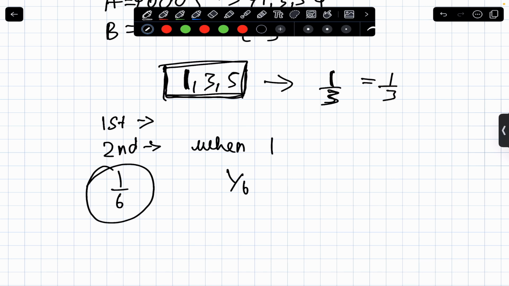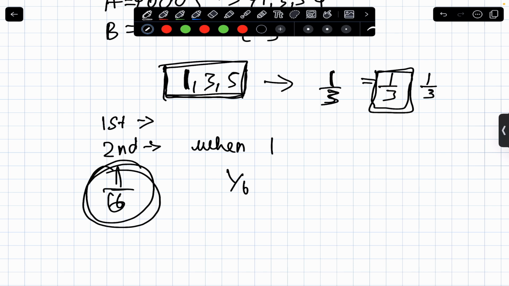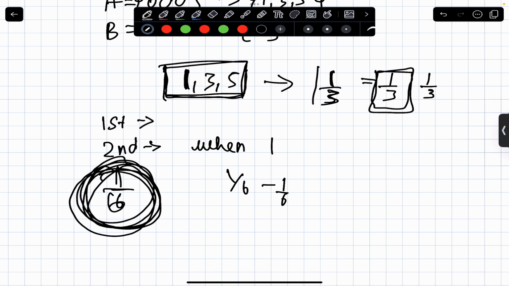So the probability of getting 1 when we know it is odd is 1 by 3, and when we don't know, it is 1 by 6. So the probabilities are different, and this is not an independent event.